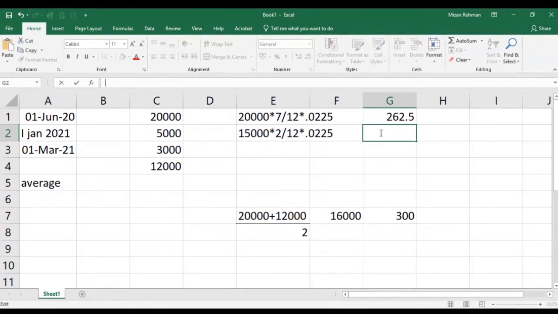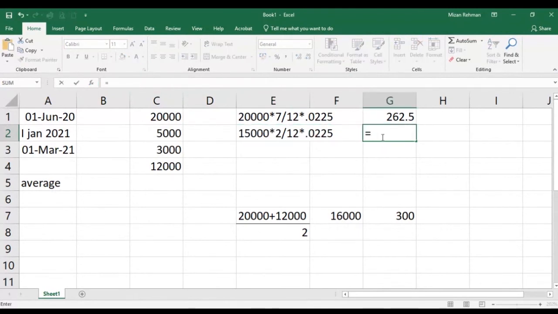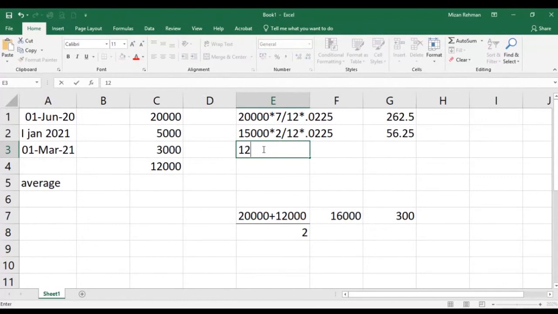It's raining cats and dogs outside, and it's distracting me. Copy, press enter, paste, and that gives £56. Then he pays 3,000, so the amount left is 12,000.